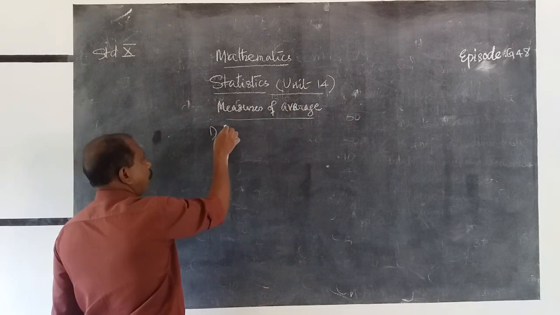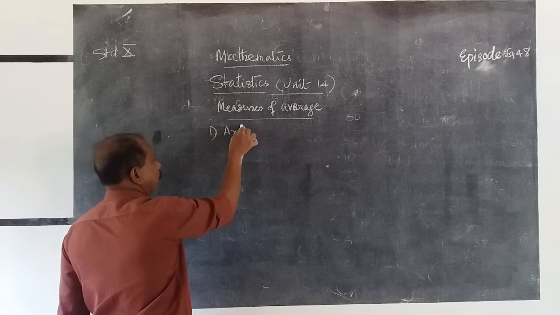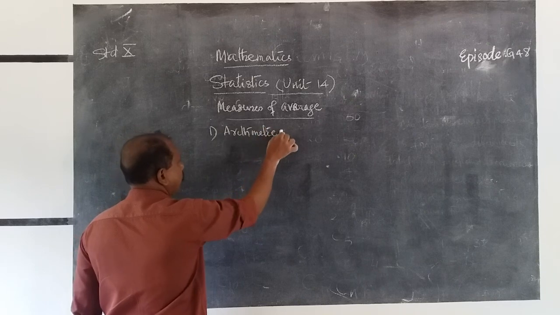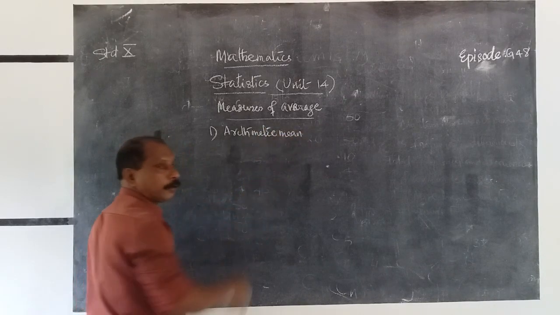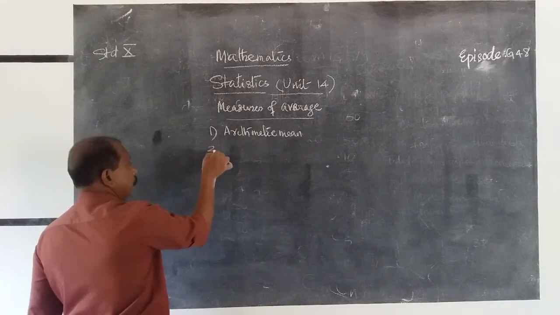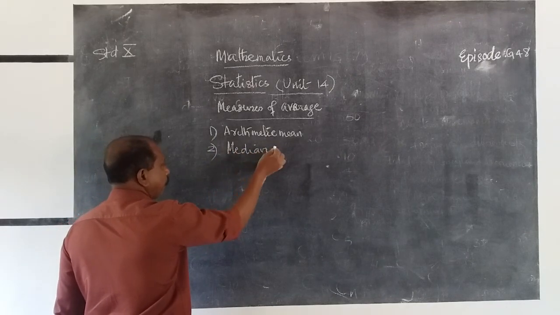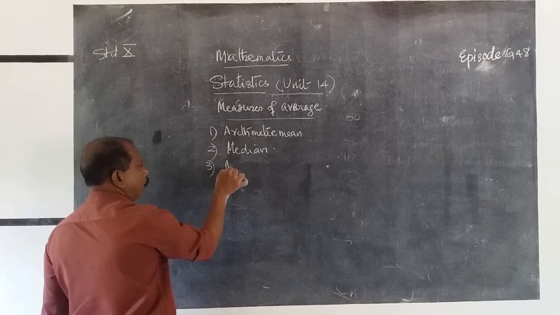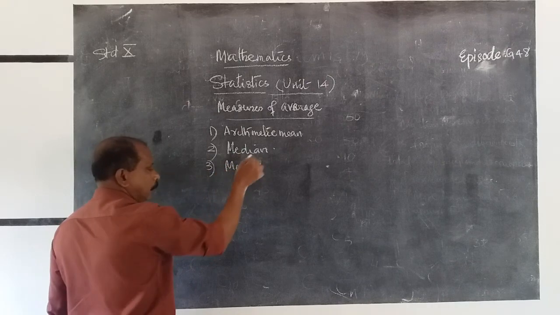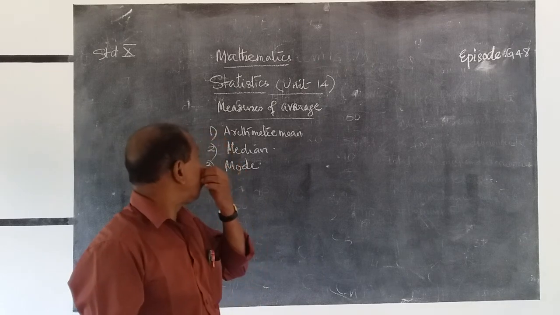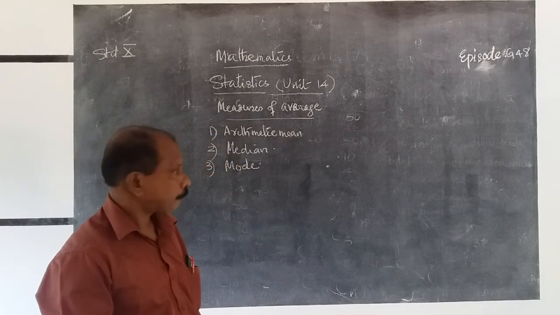One, arithmetic mean. Then second, median. Then third, mode. These are three measures of central tendency or measures of average.